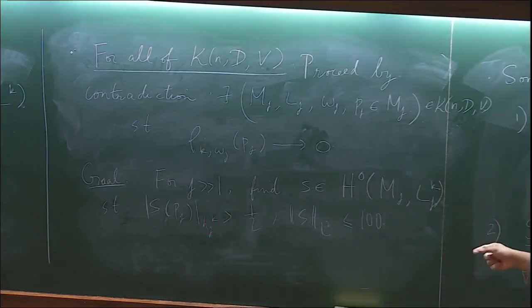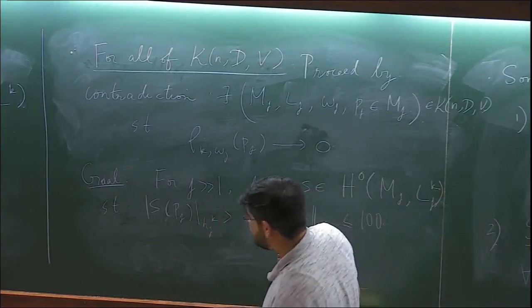Okay, so if I can do that, then I get a contradiction, right? Because then these numbers cannot actually go to 0.